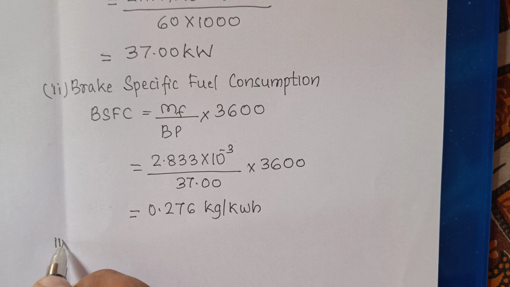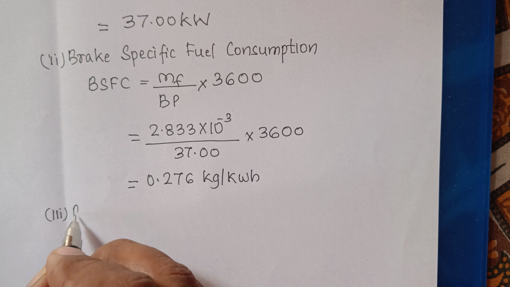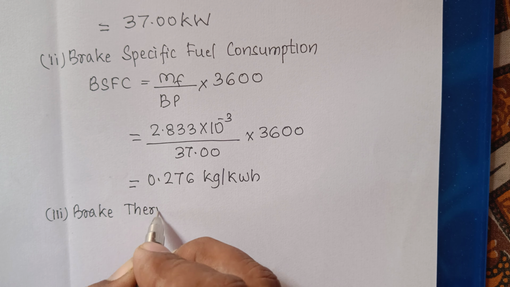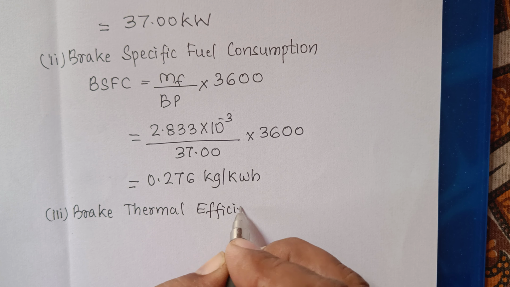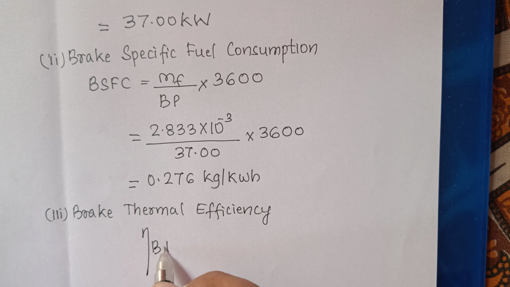Next, after this, find out the third parameter, that is brake thermal efficiency. The symbol for that is eta BTH.